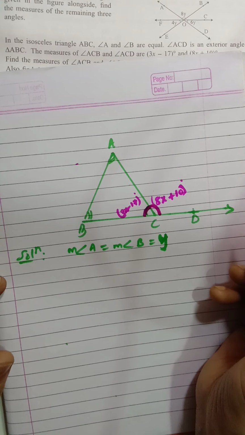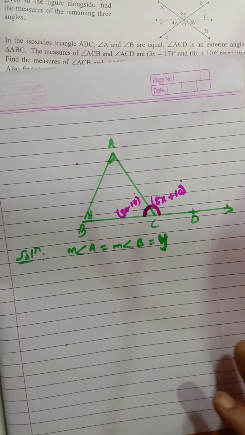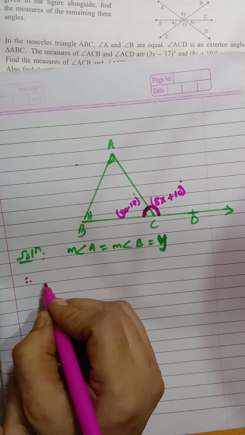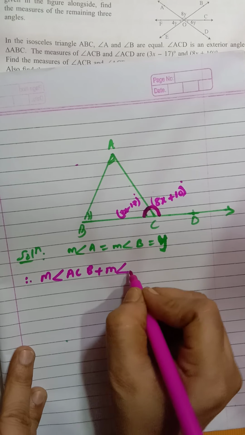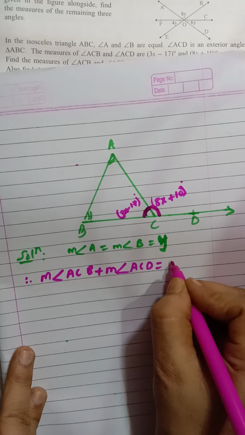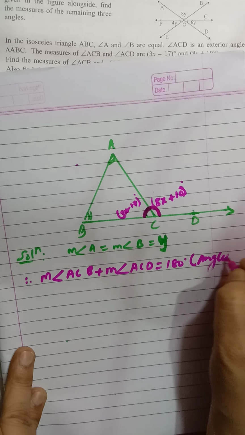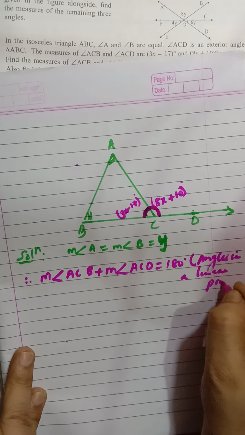You can see that everywhere angles in linear pairs are used, so learn that definition properly. Therefore, measure of angle ACB plus measure of angle ACD is equal to 180 degrees, because they are angles in a linear pair.